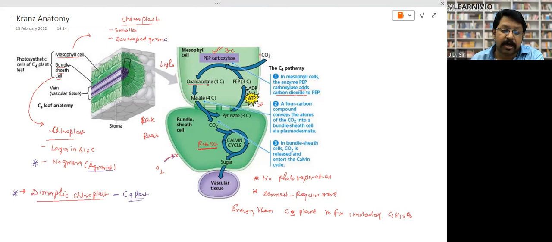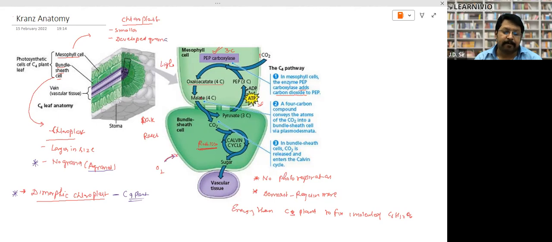So the first stable compound is OAA, oxaloacetic acid or oxaloacetate. So that's why this is the first stable compound and this is a 4 carbon compound. That's why this cycle is called the C4 cycle.